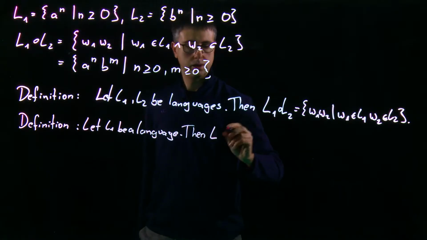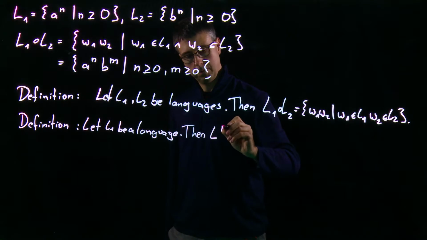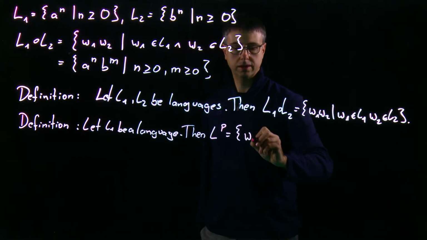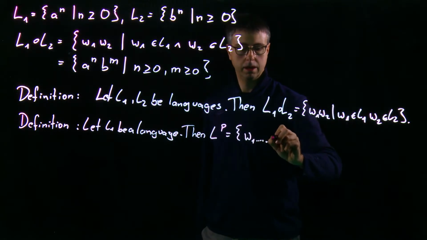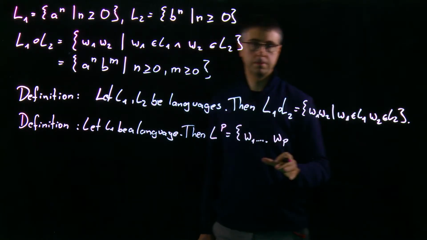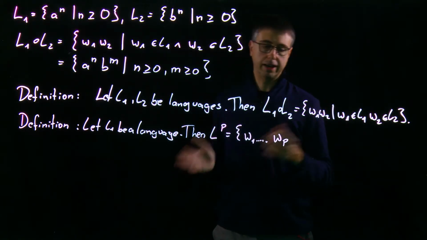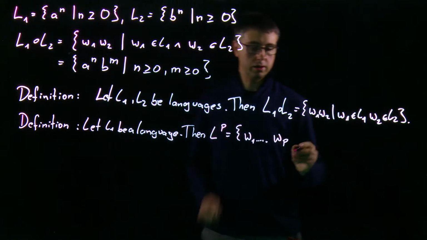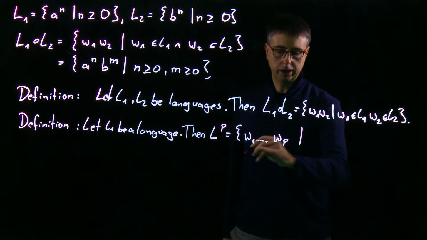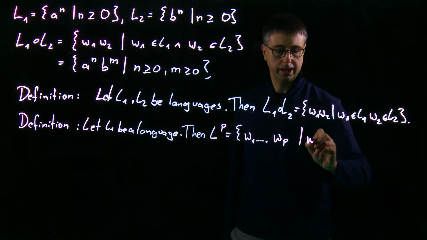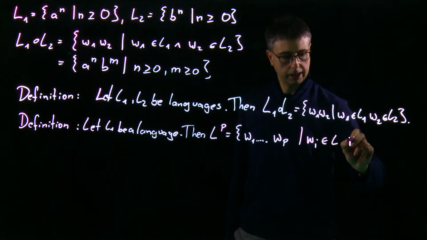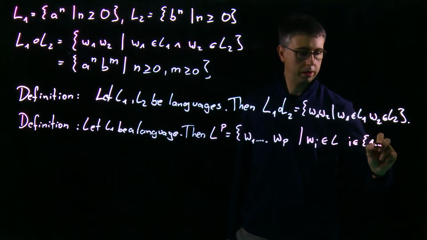Then L to the power of P is the set of all words W1 to WP. So you take P words, each of these words is taken from the language L, and you just concatenate them. So L to the power of P is the set of concatenations W1 to WP such that Wi is in L for i in 1 to P.